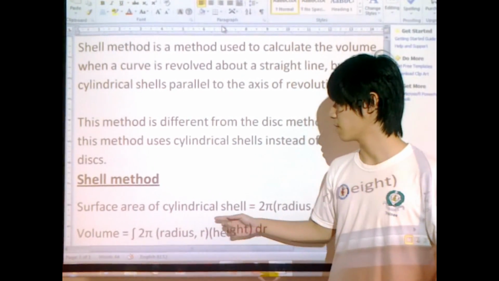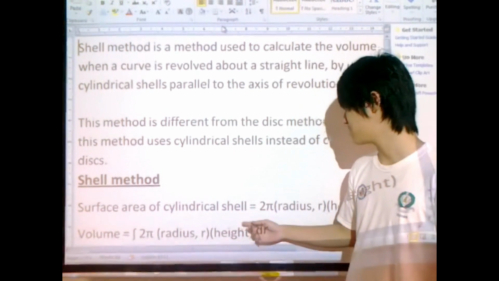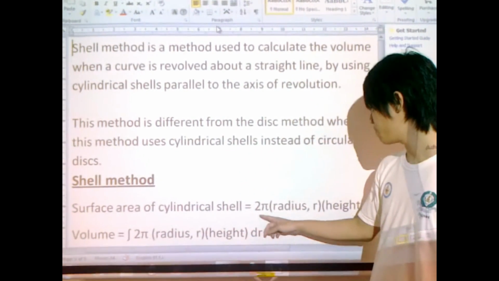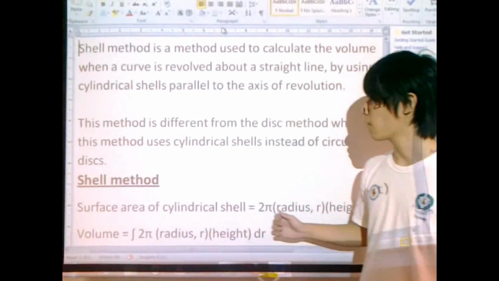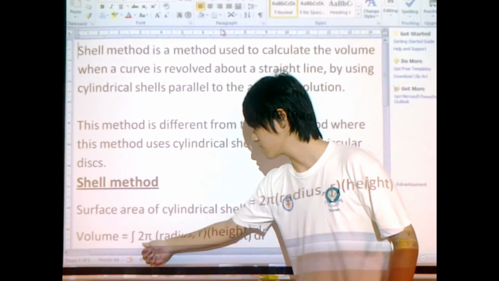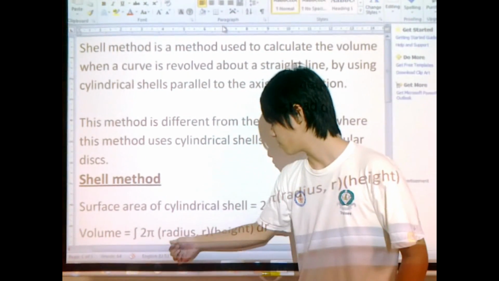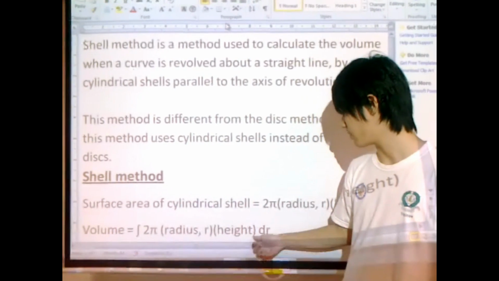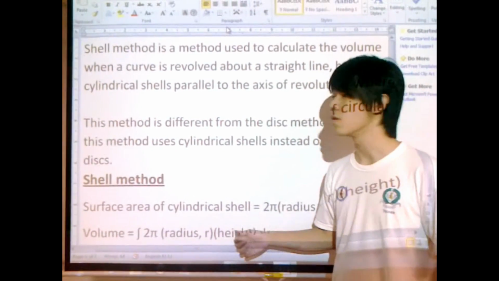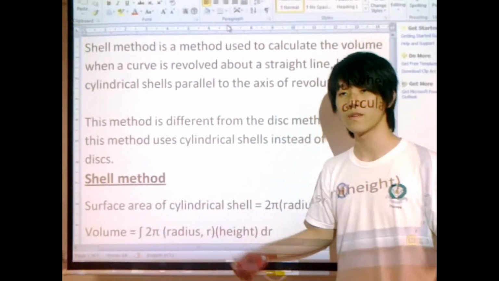The formula for the surface area of the cylindrical shell is 2 pi radius times height. So for the shell method, we are integrating 2 pi radius, which is r, times height with respect to r. So let's proceed to part 2, shall we?